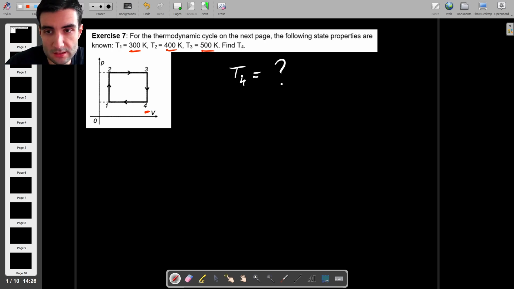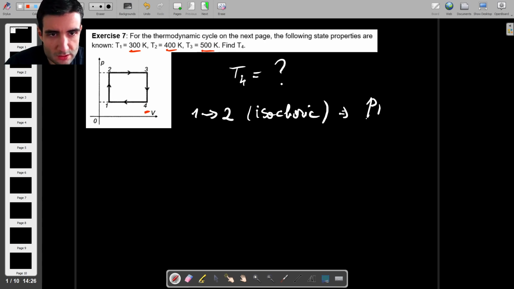And that's the problem. What I would do here is start from state 1 and go from state 1 to state 2, and then try to write some thermodynamics relationships and see where this takes us. So 1 to 2 is a constant volume process. This is isochoric, and for an isochoric process we have that P1 over T1 is equal to P2 over T2.